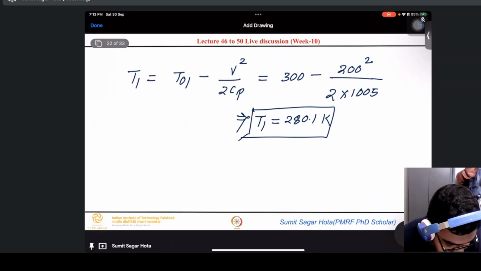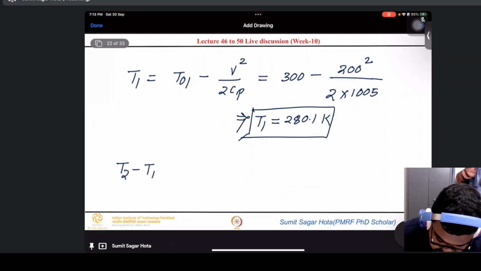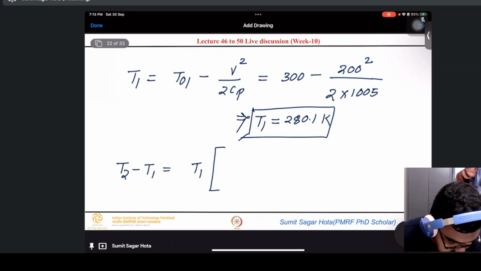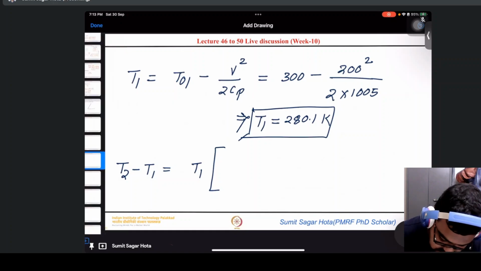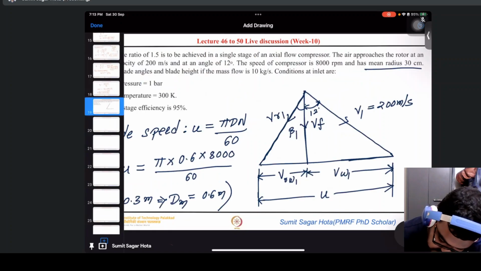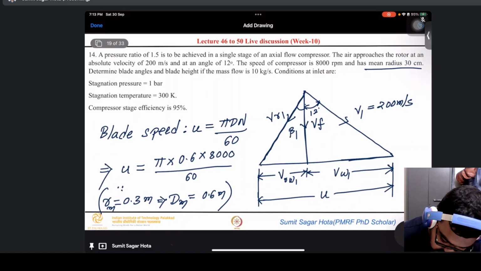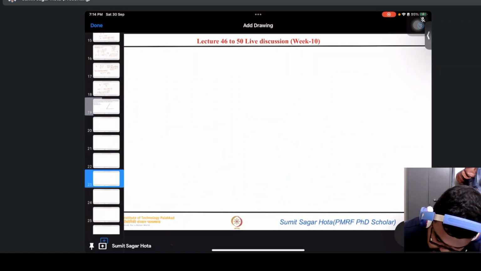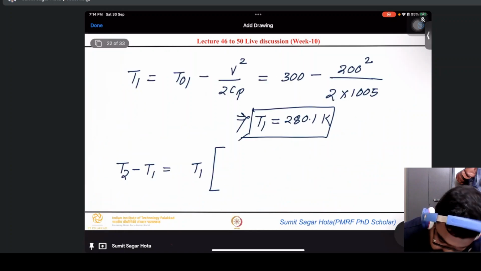Now what is your T2 minus T1? T2 minus T1 equal to T1 into 1.5, which is the pressure ratio, given as 1.5.